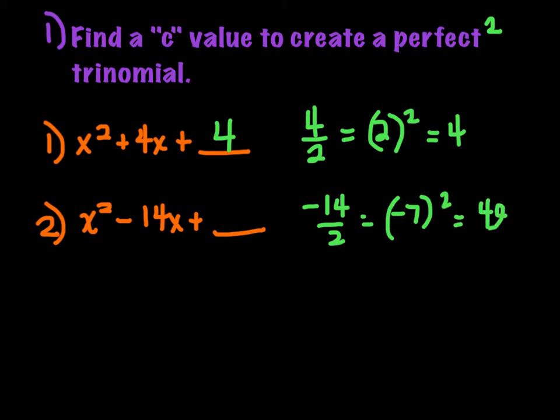I've just created a perfect square trinomial. I want you to pause the video and finish the other three that are creating a c, and then come on back and we'll keep working.